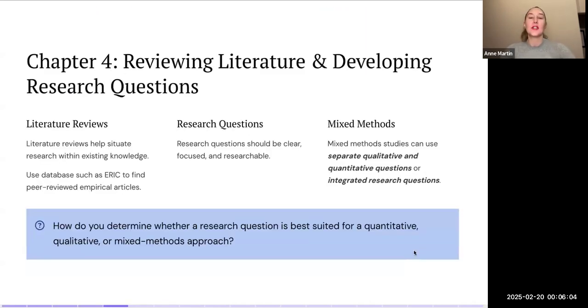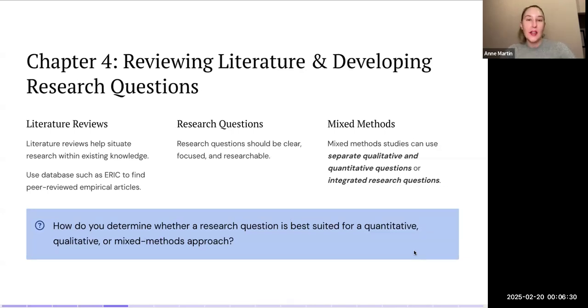Now, Chapter 4 went into literature reviews and research questions, which is something that you've also been thinking about as you apply it to your own research proposal. So the purpose of a literature review for educational research and all research is to help situate the research topic and proposal within the broader field and within the existing knowledge that other researchers have already come up with.